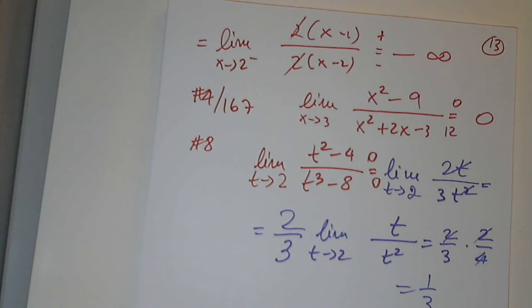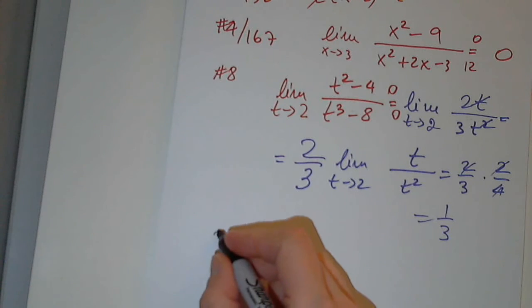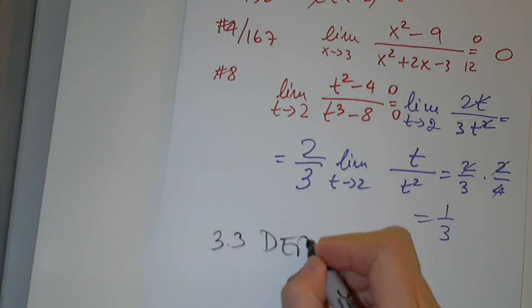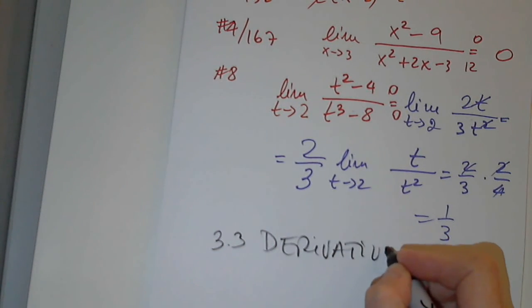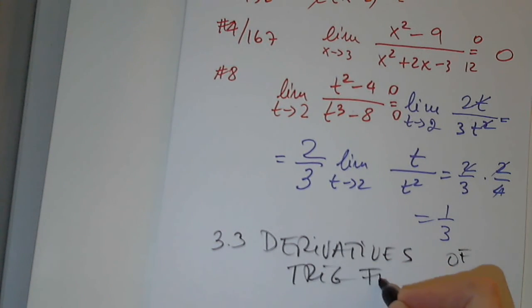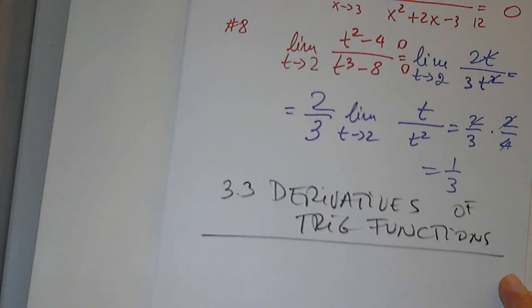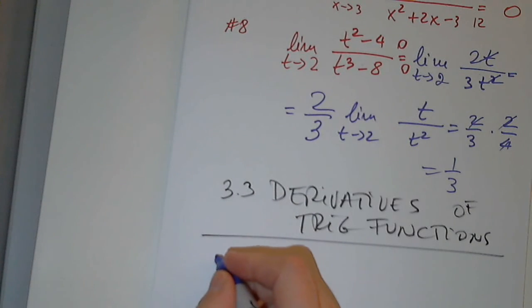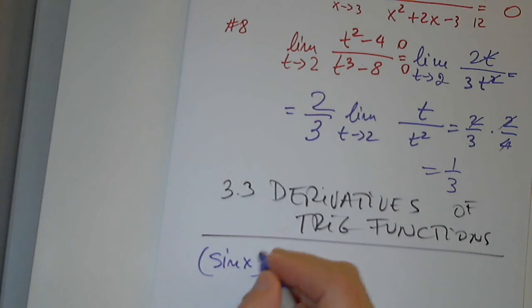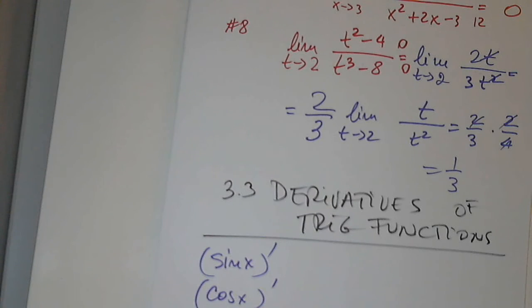derivatives of trig functions. In the past, I always ask my students if they want to see a proof of sine prime or cosine prime. So I'm going to ask you the same.